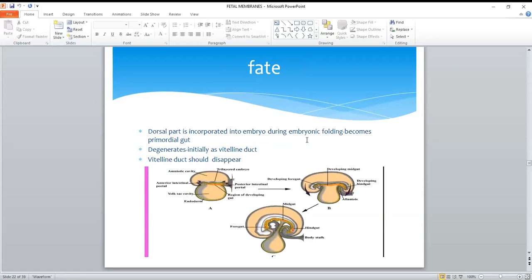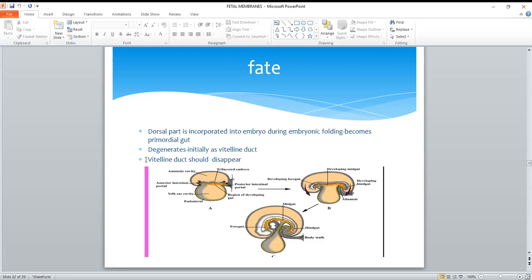So the fate of the yolk sac: the dorsal part of the yolk sac is incorporated into the embryo during embryonic folding. So this dorsal part is usually incorporated this way.